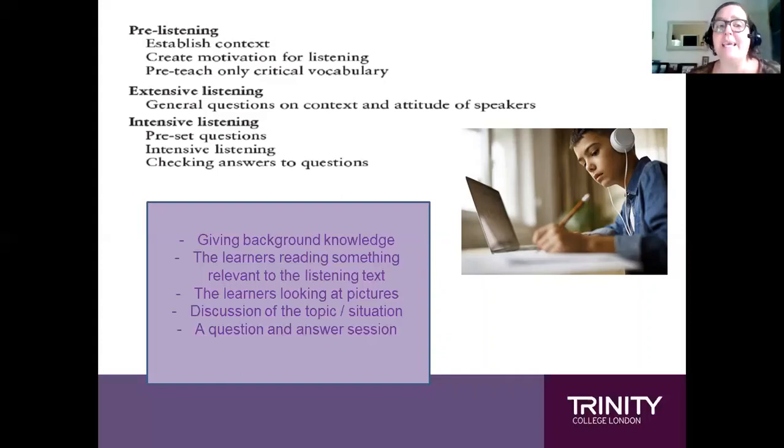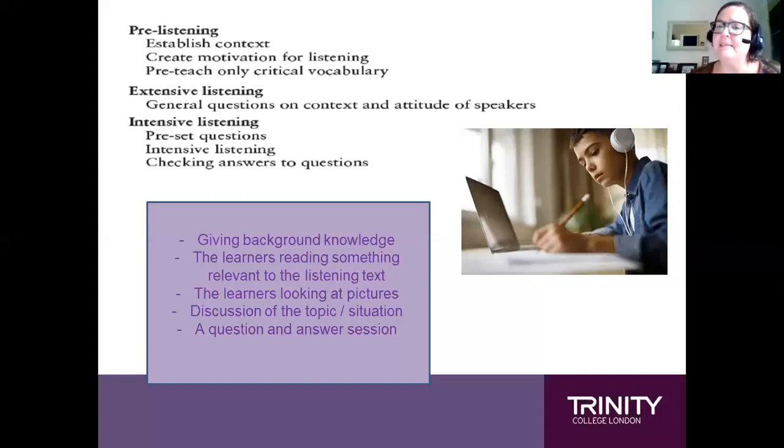When it comes to extensive listening, we will be posing students with general questions on context or attitude of the speakers. General questions, those questions for a general idea, cannot go to the detail.